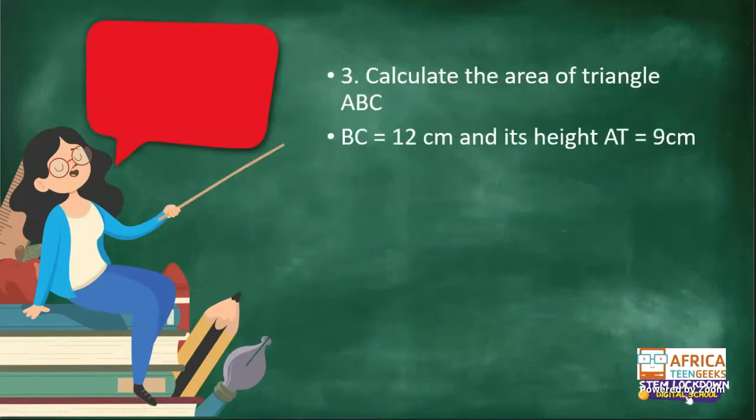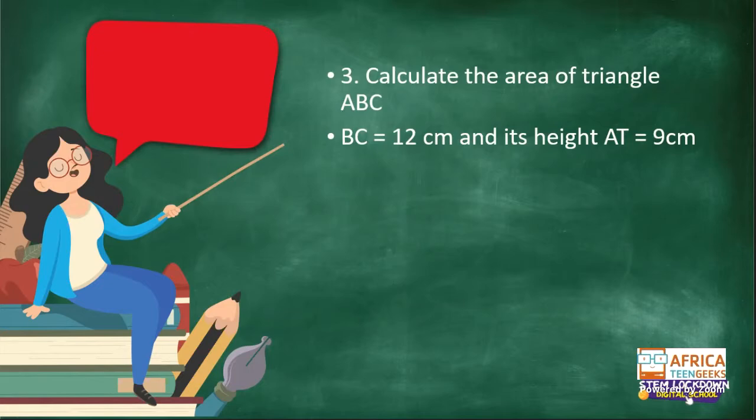Now we proceed to find the area of a triangle. We are now going to calculate the area of this triangle where you have the line BC, which is 12 centimeters, and the height AT, which is 9 centimeters.